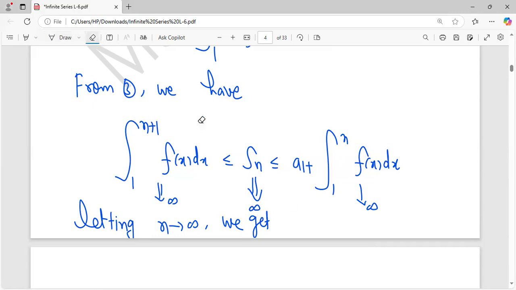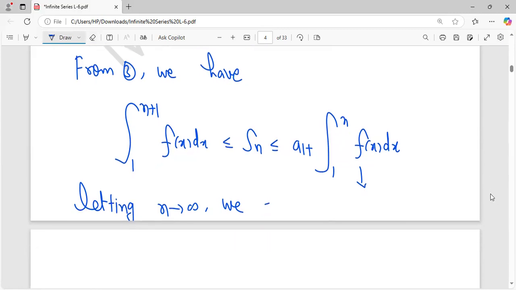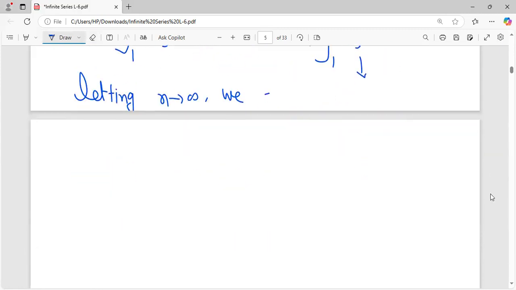So therefore, I'm writing in a new line. Letting n tend to infinity, this implies that if the lower thing is tending to infinity and the upper thing is tending to infinity, the middle thing will also tend to infinity. So this implies Sn tends to infinity as n tends to infinity.